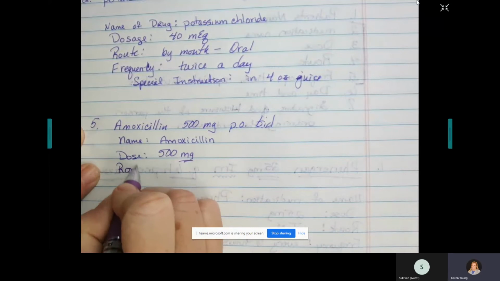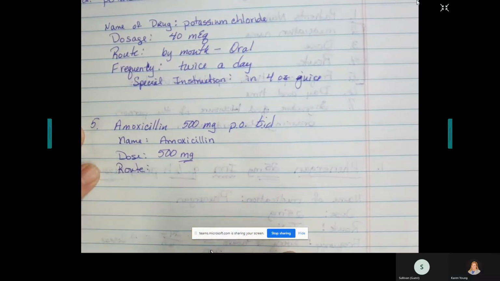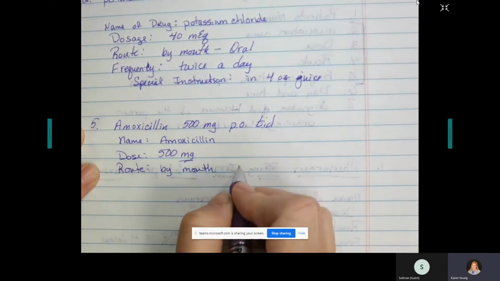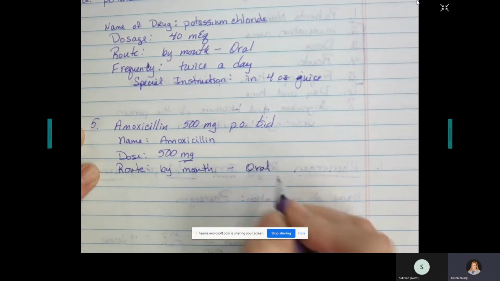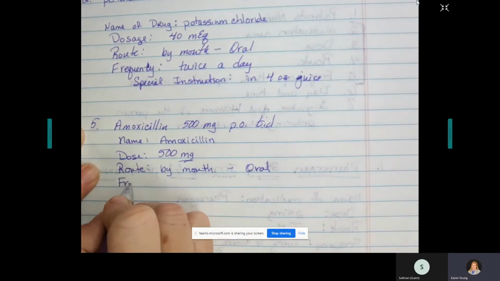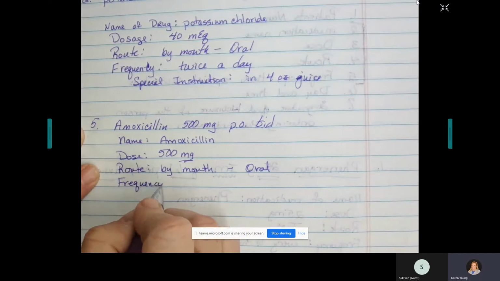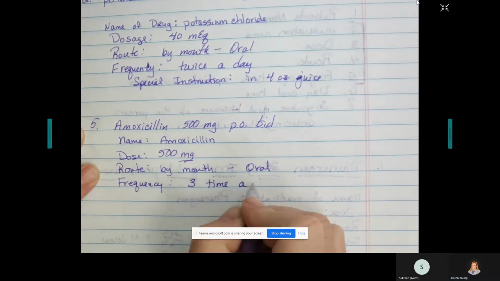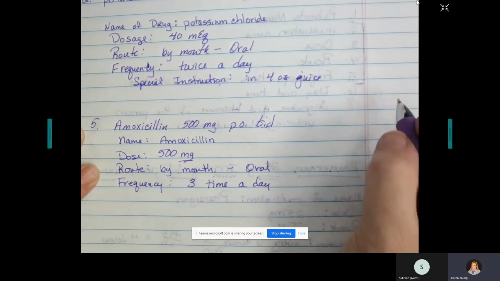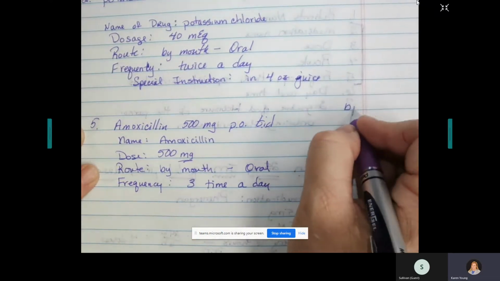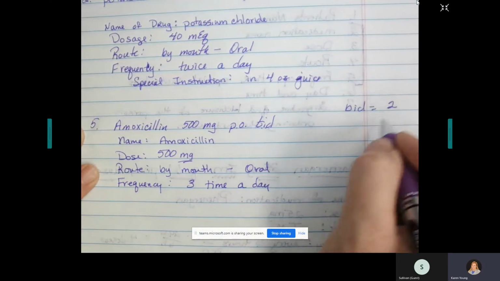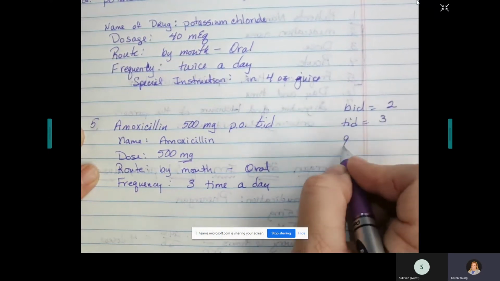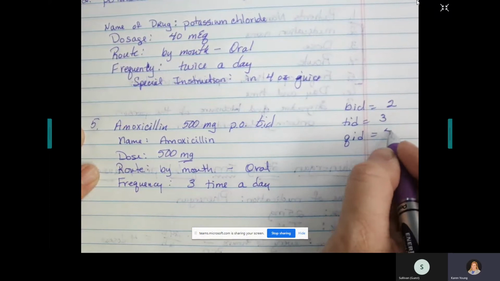The route, by mouth, and then I'm going to put out here oral, and then the frequency. All right, 3 times a day. You've got the BID, which is 2 times a day, the TID, which is 3, and the QID, which is 4.